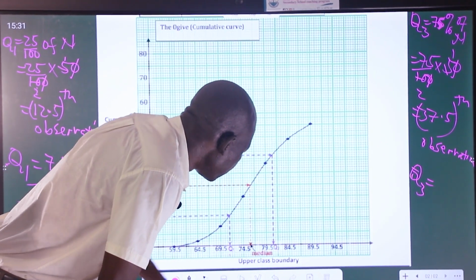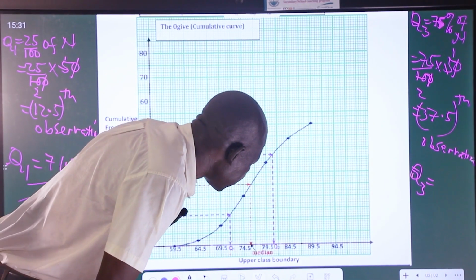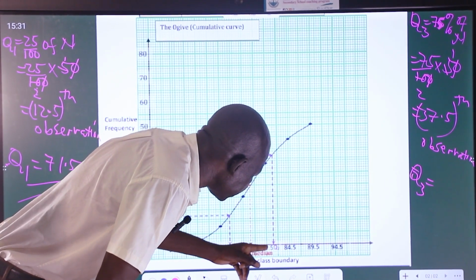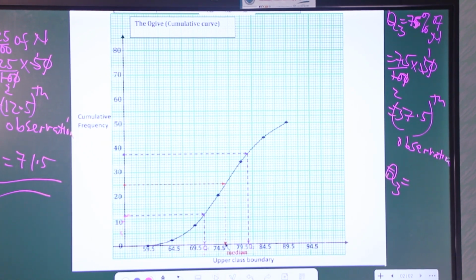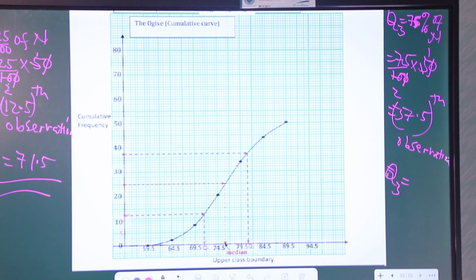How do we read it? From 79.5, there are how many small boxes? 3 small boxes, times 0.5. We find that we get 1.5.